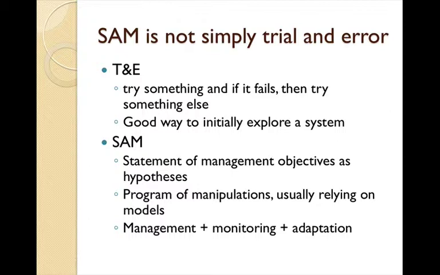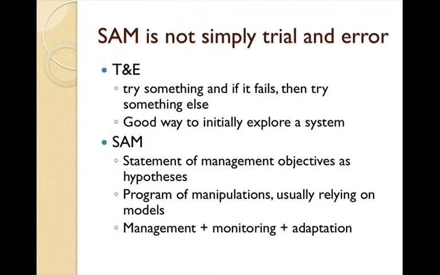But for scientific adaptive management, you have to have a statement of management objectives stated as hypotheses. You have a program of manipulations where, depending on underlying models, you come up with step one, and then depending on the results of that, you go to step two, you go to step three.